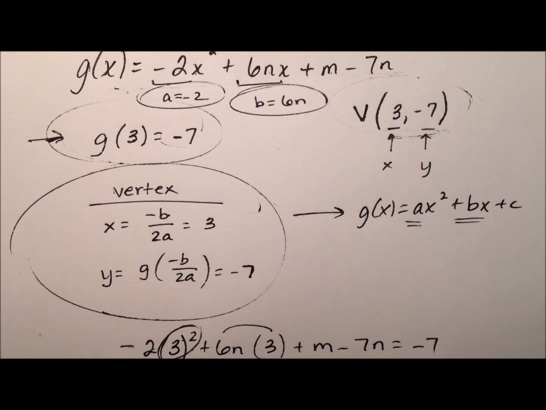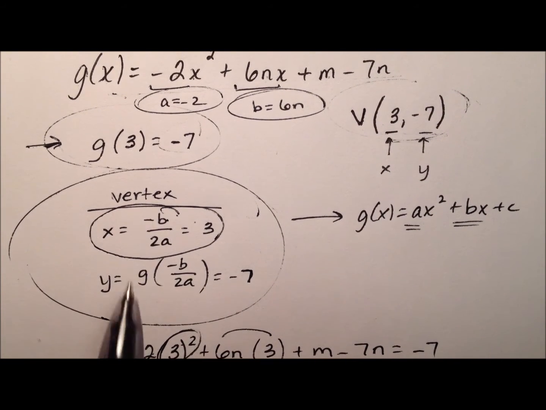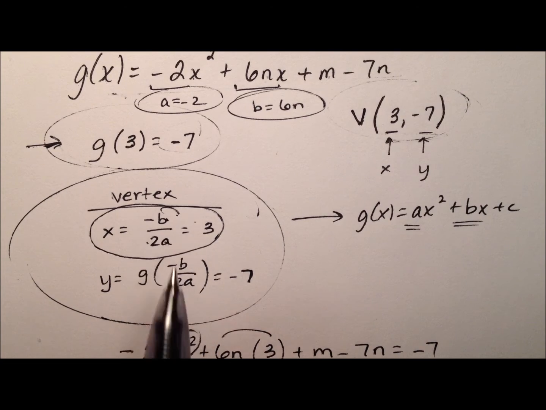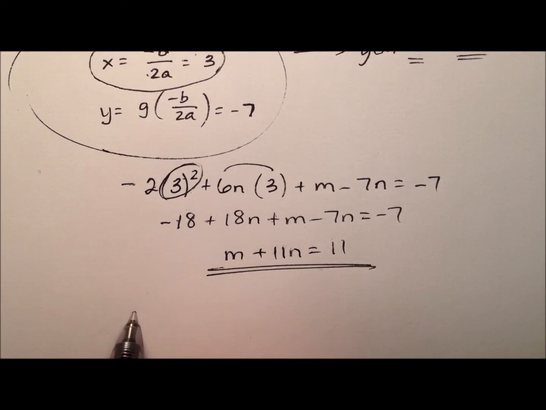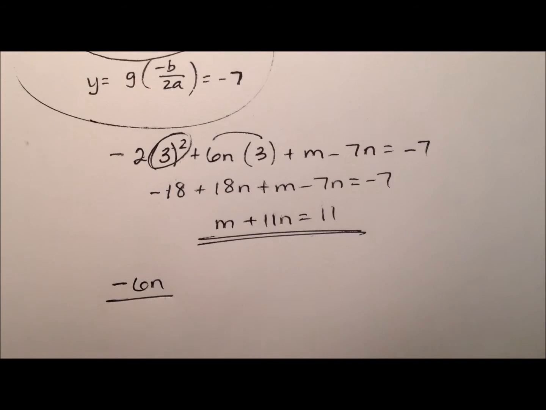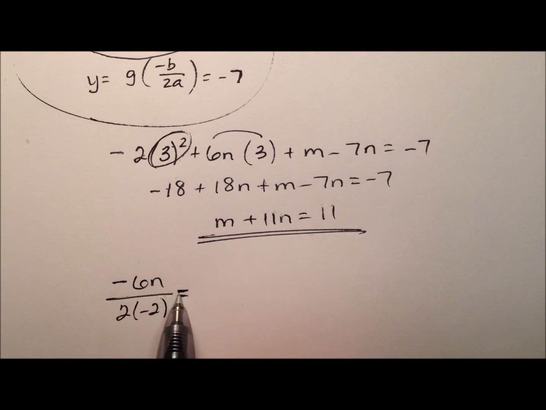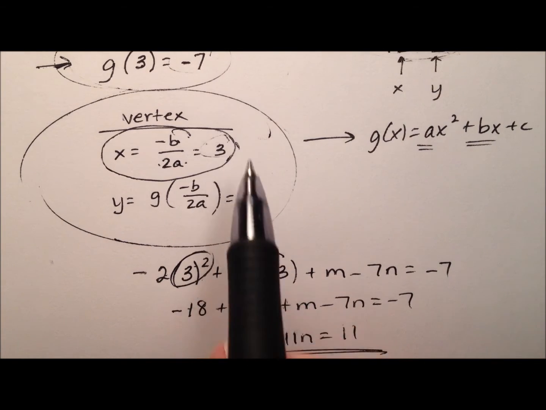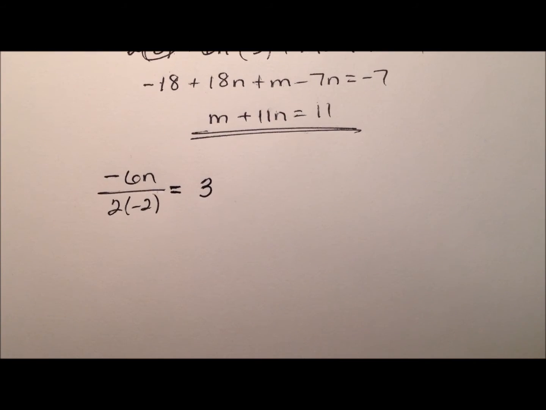Okay, well I can use this information, plug it in right here, and set it equal to 3. So the opposite of b over 2a. Well, the opposite of 6n will be -6n over twice my a value, and a is -2. So twice my a value, and I know that this is going to equal, well, 3, because that's the x value in my vertex.